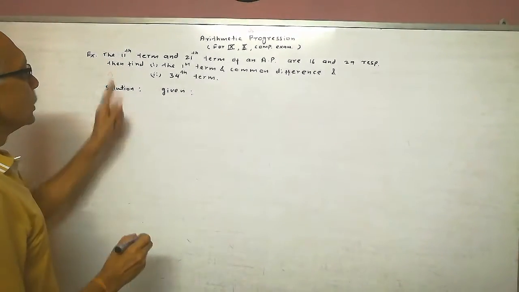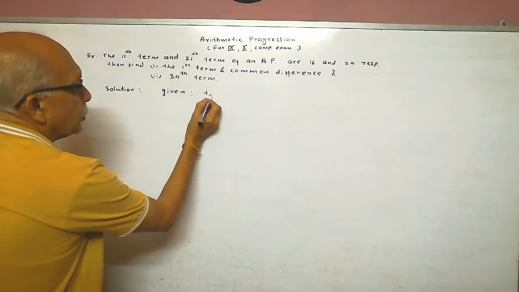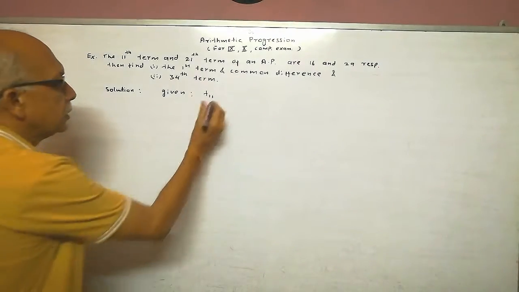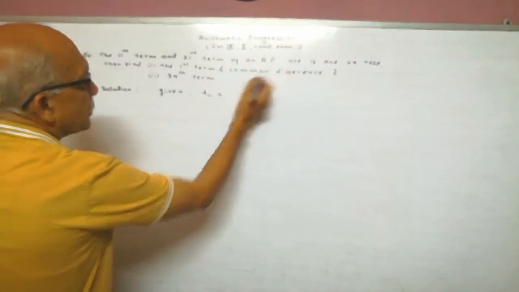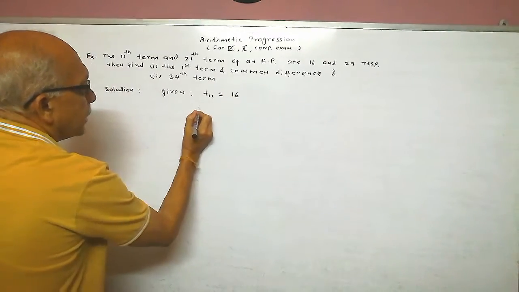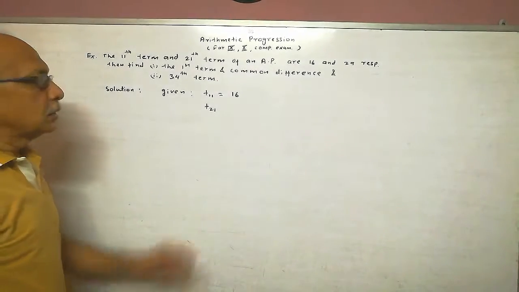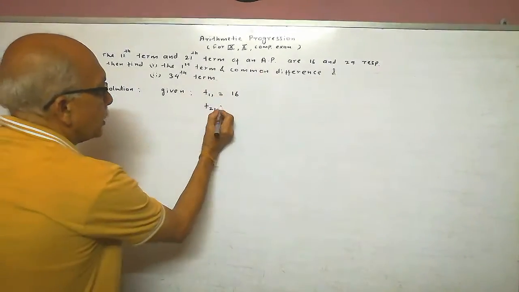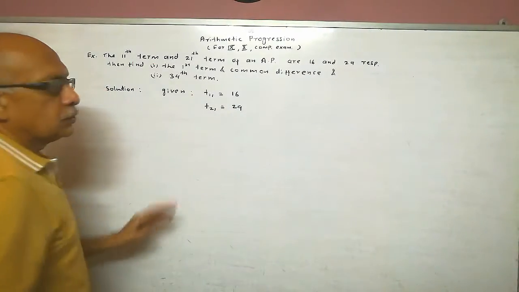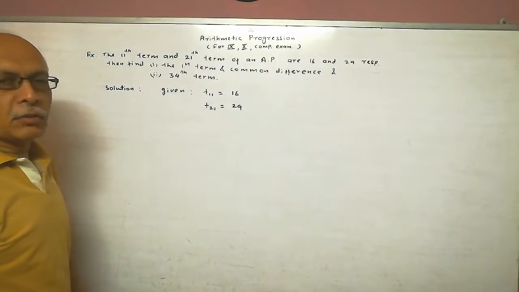Given: the 11th term we can denote in notation T11. So T11 is given as 16. Then we have been given T21, that is 29. These two things have been given. Then we'll write down the formula.